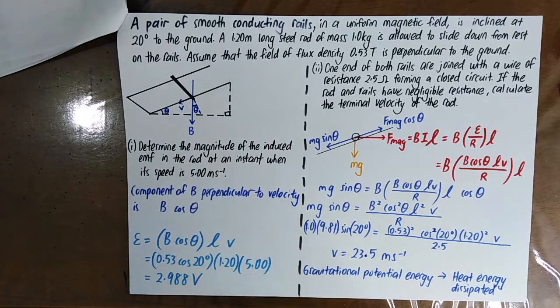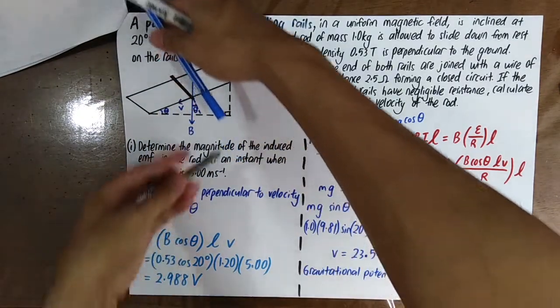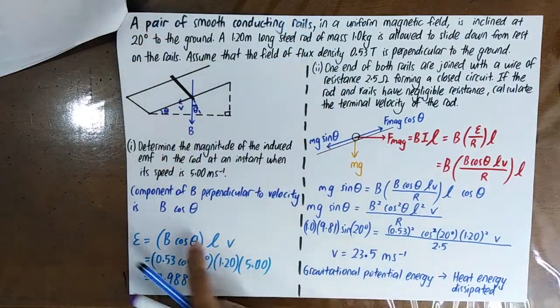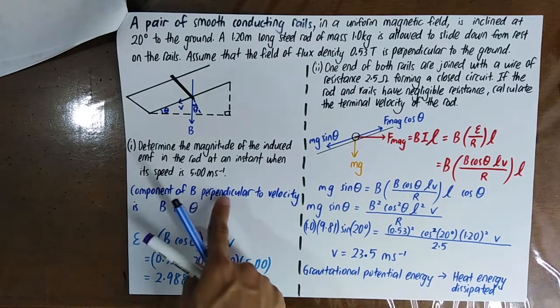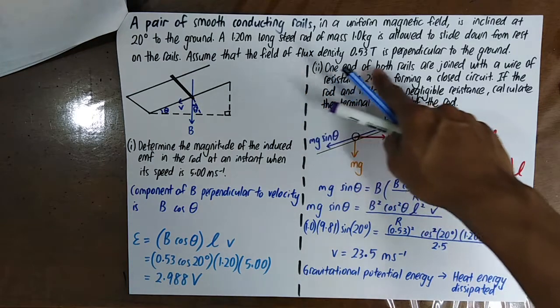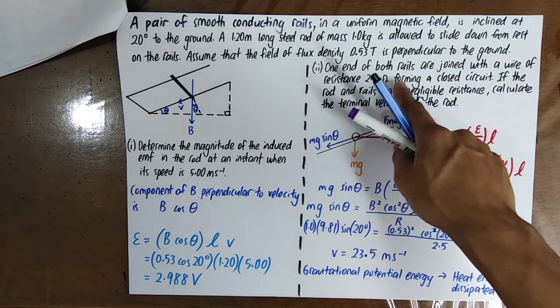Okay, so once again, you have to resolve the B to the direction perpendicular to the motion of the conducting rod. So B perpendicular to the motion is B cos theta, and therefore you can find out the back EMF.